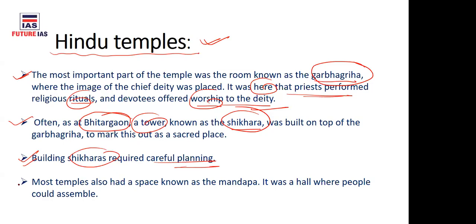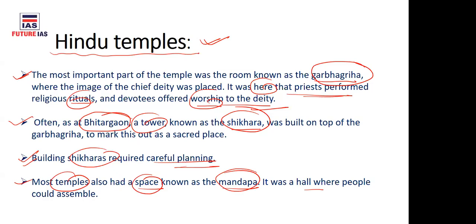Now most of the temples also had a space known as mandapa. मंडपा का मतलब होता है कि ये एक हॉल होता है, where the people could assemble. जैसे मंदिर के अंदर जैसे आप एंटर करेंगे तो there is a hall. उस हॉल के चारों तरफ डाइटीज होंगी.